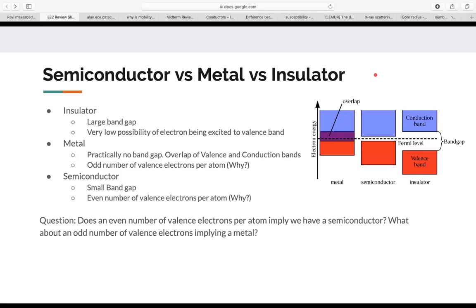One interesting note is that for a semiconductor, there are an even number of valence electrons per atom, while for a metal, there are an odd number of valence electrons. Why is this? Does anyone have an idea?